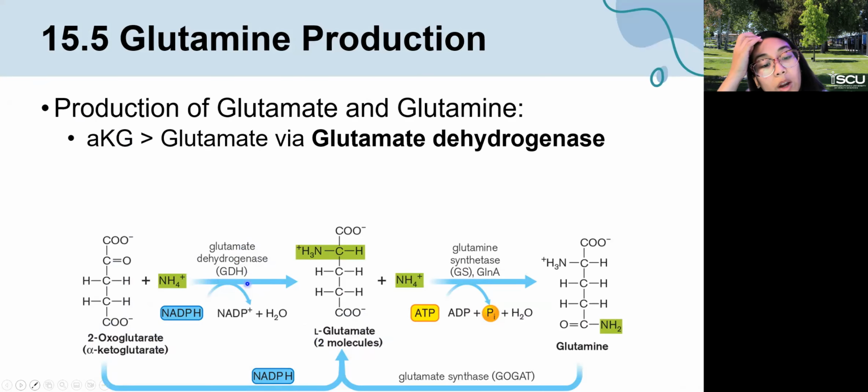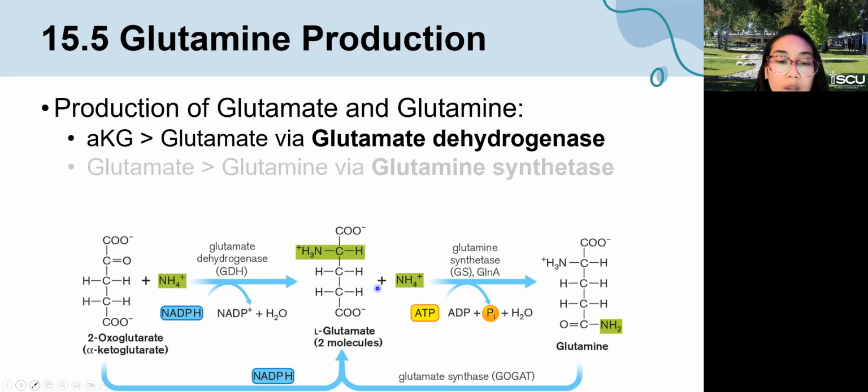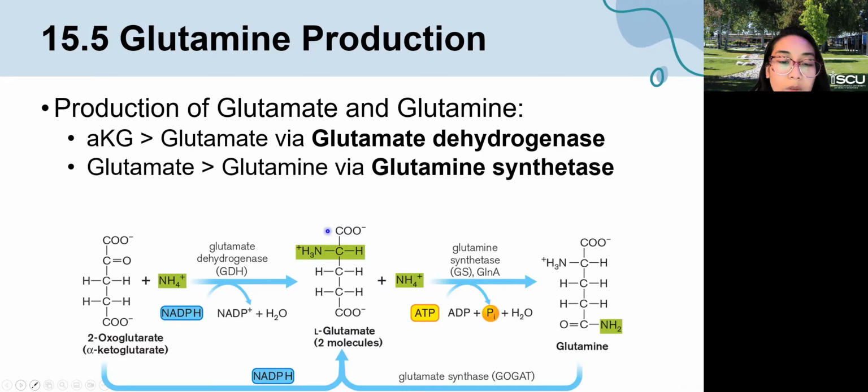That requires energy. Notice that it takes up an NADPH when it does it. And then we make glutamate. Or another thing that can happen is that glutamate can be converted into glutamine using glutamine synthetase.